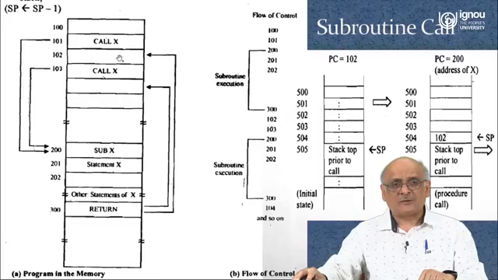So return is to the next, that is the 102nd location. You can see the 102nd location has been put onto the stack as the return value, and the stack pointer, which is not visible unfortunately, SP, is pointing to that particular location. Alright, so this is how a subroutine call is going to be executed.